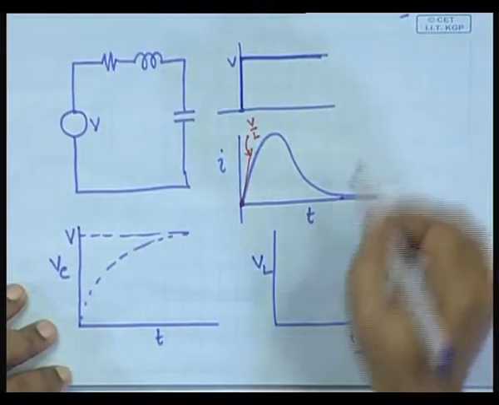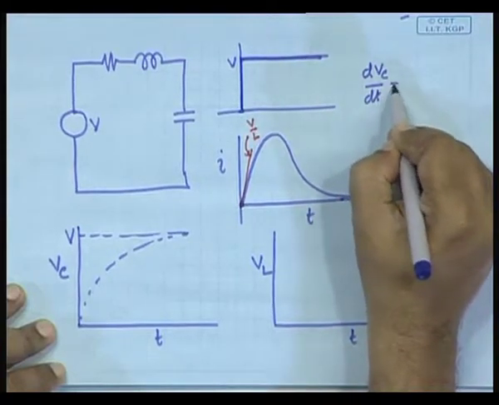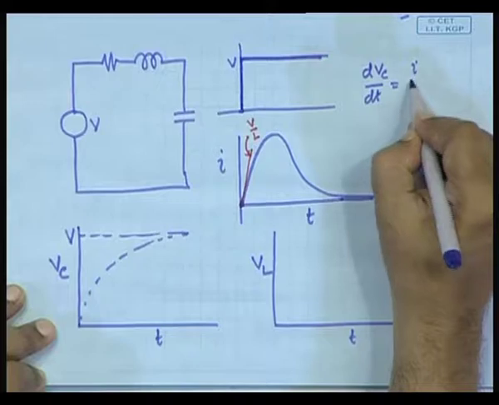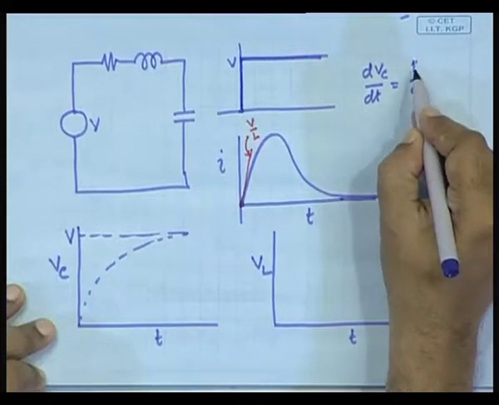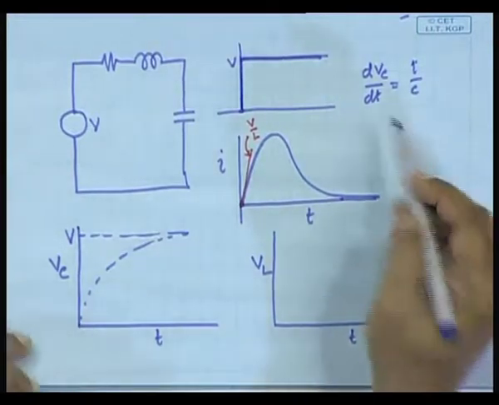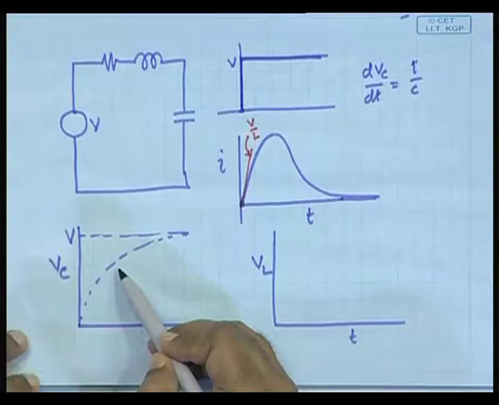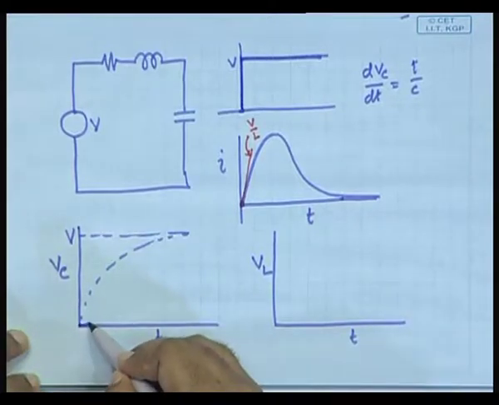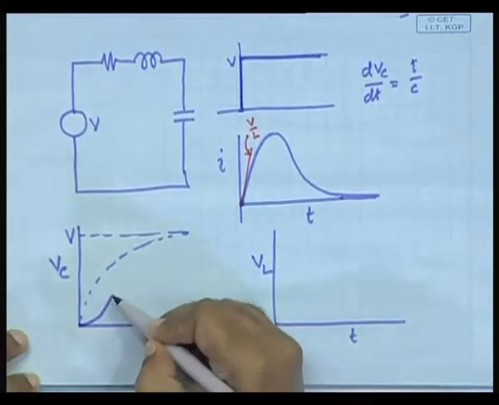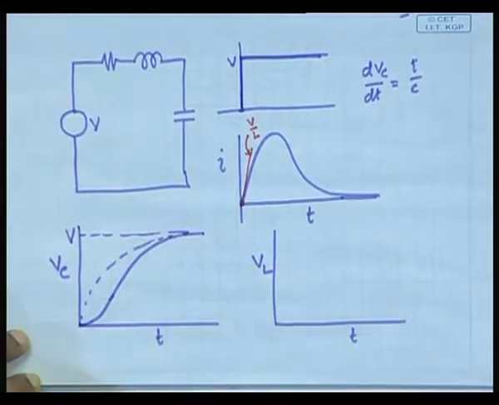Yes. So, I will write here dVc dt is equal to I by C. I at the initial condition is 0 and therefore, I by C is 0. So, dVc dt must start at 0. So, it cannot be like this, it must be like this, right.